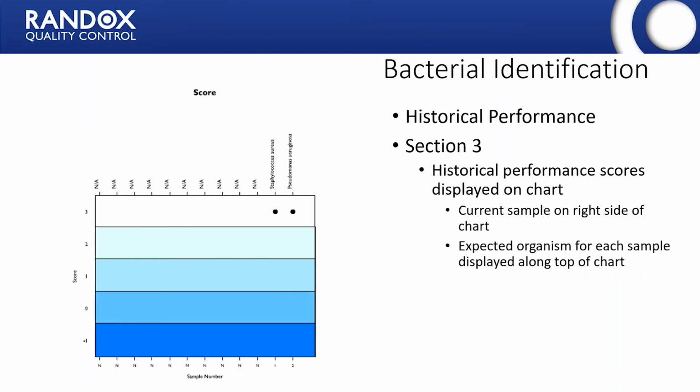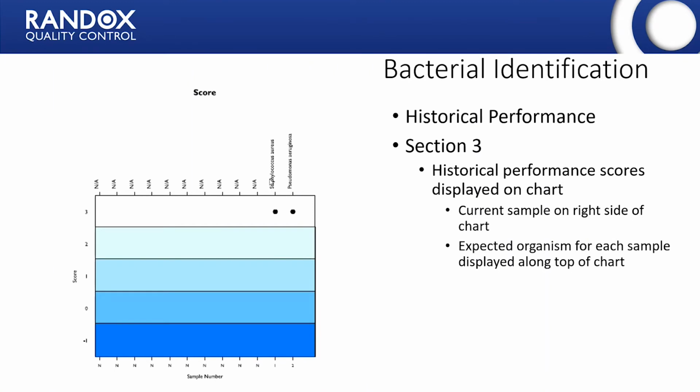But section 3 is really almost like a Levey-Jennings chart, but it's not. Basically, it's showing how the lab has performed for each individual sample. The current sample is on the right-hand side, just like we normally do with our normal reports, moving over in time.